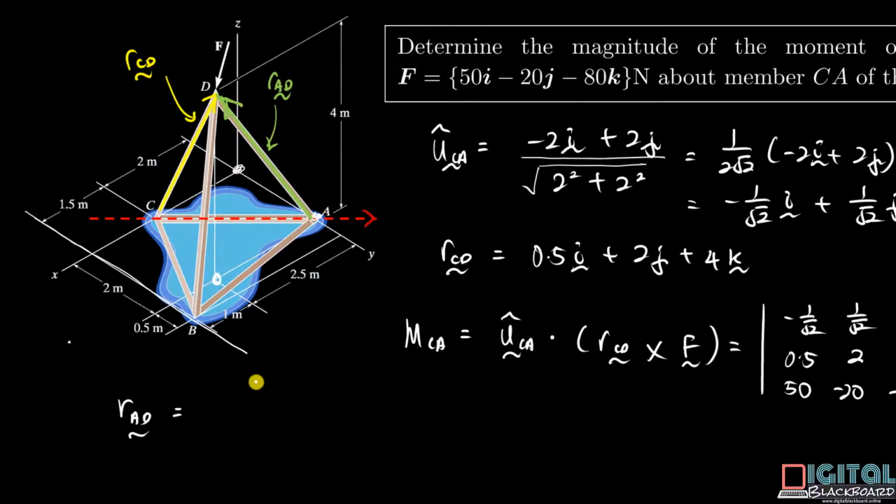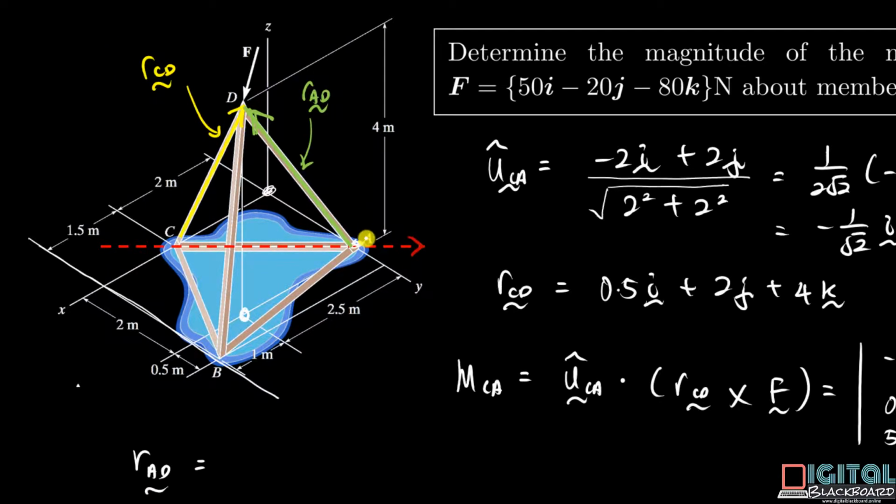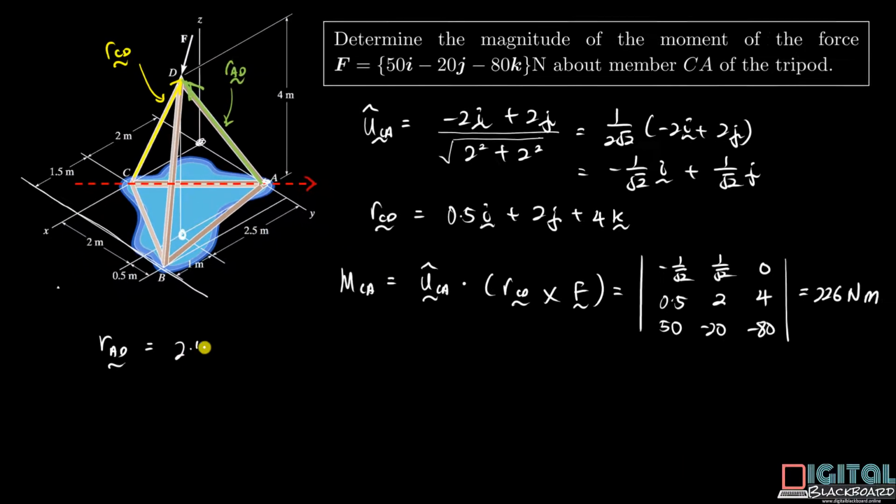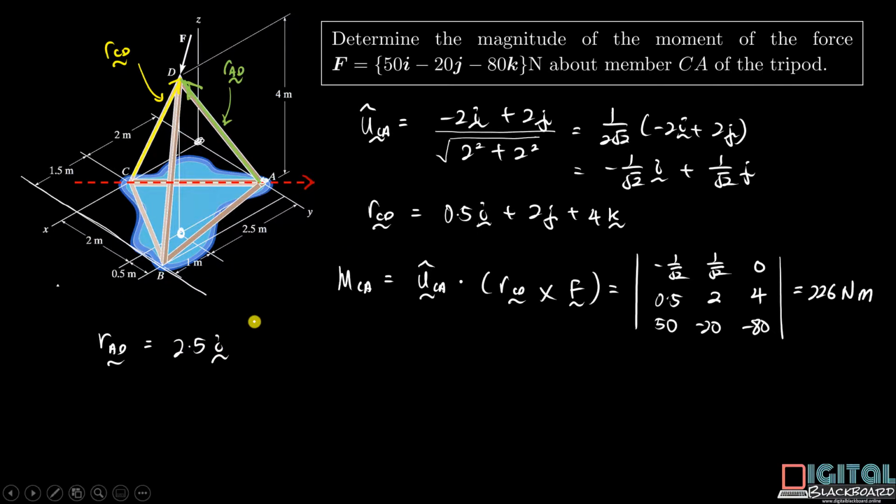It's simply equal to, in the x direction, it is moving from this point here to this point here, which means that there is a distance of 2.5 meters in the positive x direction, so it's plus 2.5i.